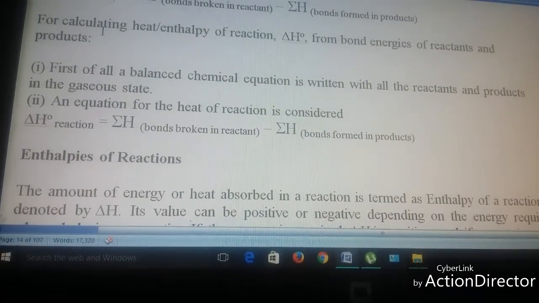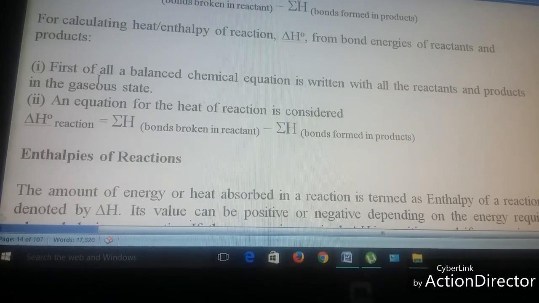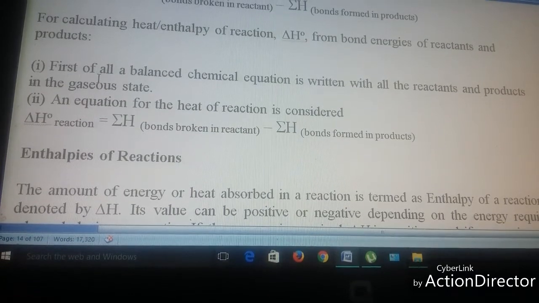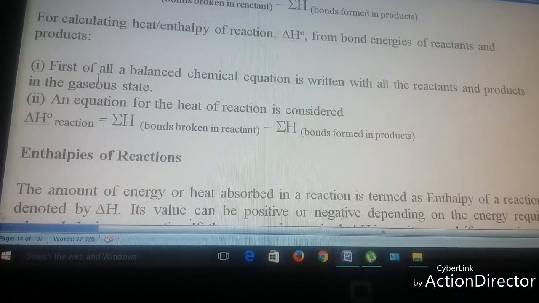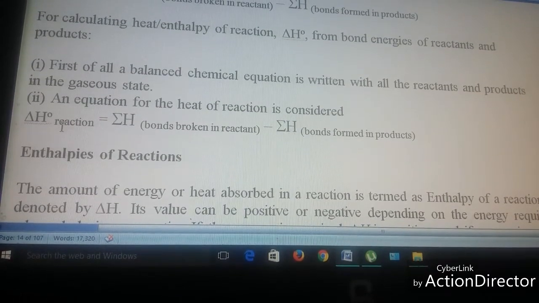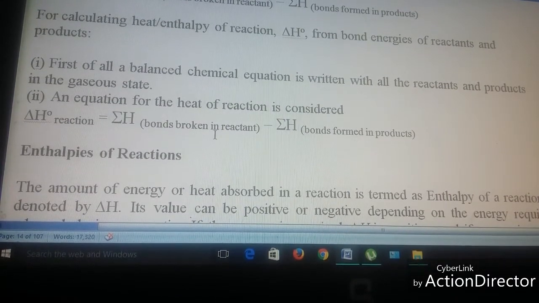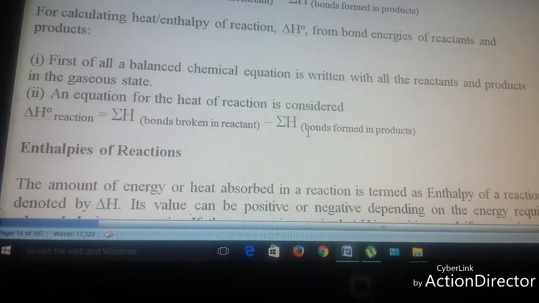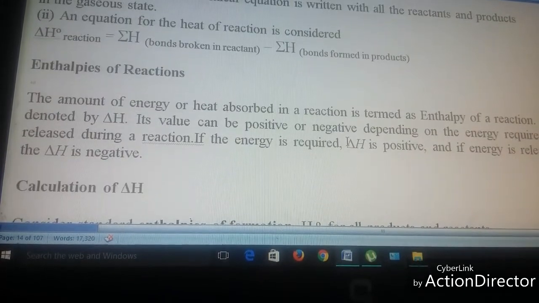So for calculation, first of all, you have to balance all the chemical equations, and all the reactants and products should be written in the gaseous state, and after that you will be considering the equation, that is summation of H when bonds were broken in the reactant, and summation of H when bonds are formed in the product.